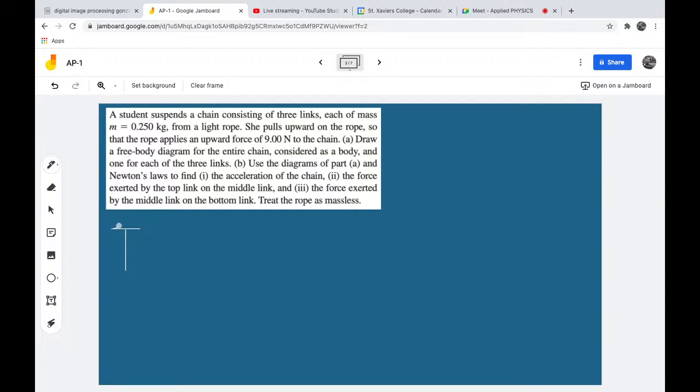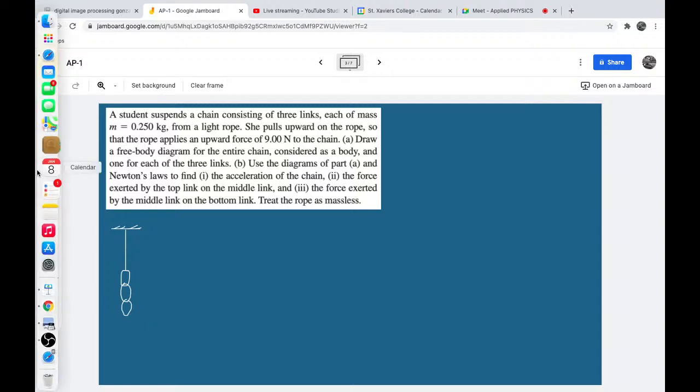I have some sort of rigid support, a ceiling or something like that, to which there is a rope and there is a chain. Now, chain means it has to have some sort of heaviness. This is how the chain is there. The chain is not hanging, but she is pulling upward.